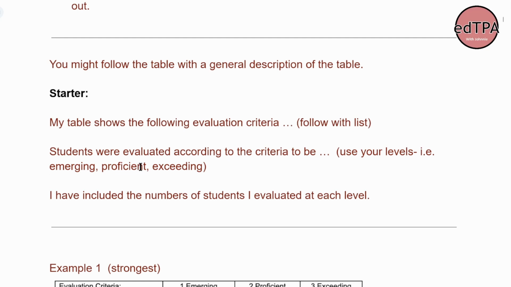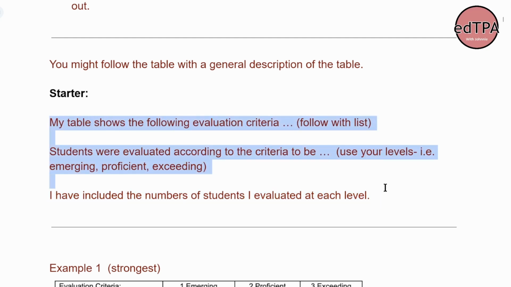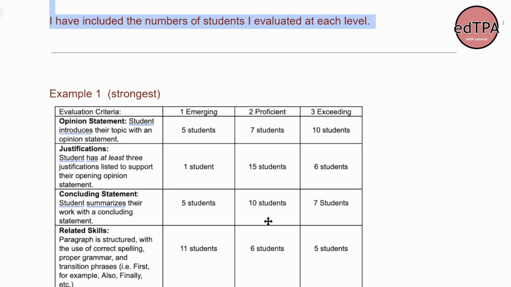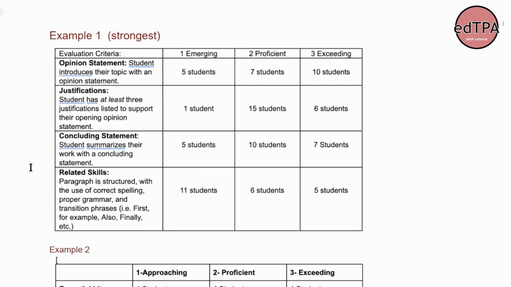That's a useful one to have in your criteria. I have included the numbers of students I evaluated at each level. So you might set this out as a paragraph before you share the table. And this might be a way you organize your table: the criteria on one side, and then the levels and numbers of students at each of those levels.